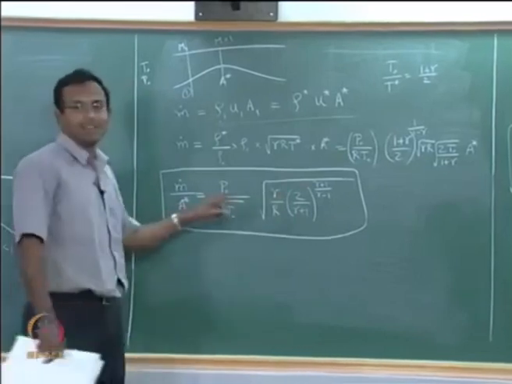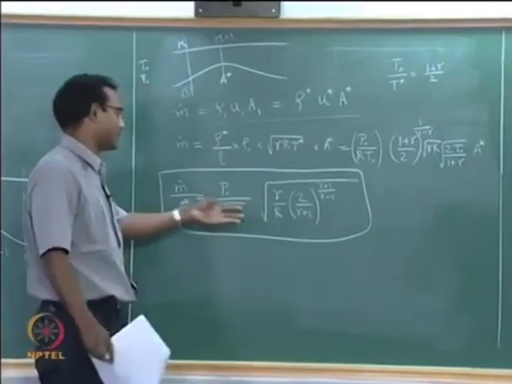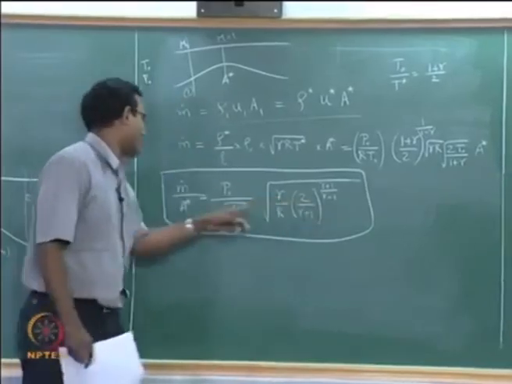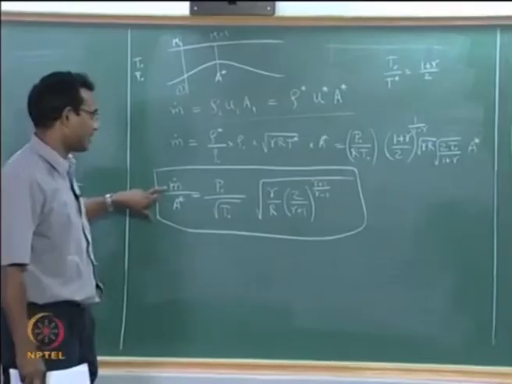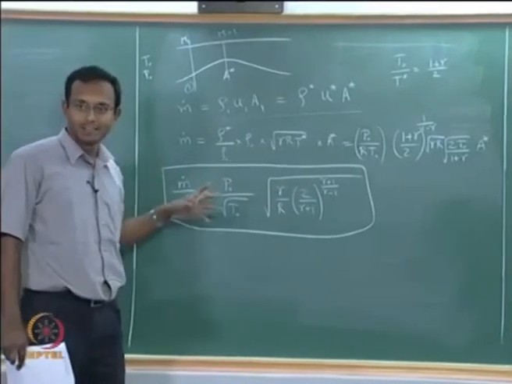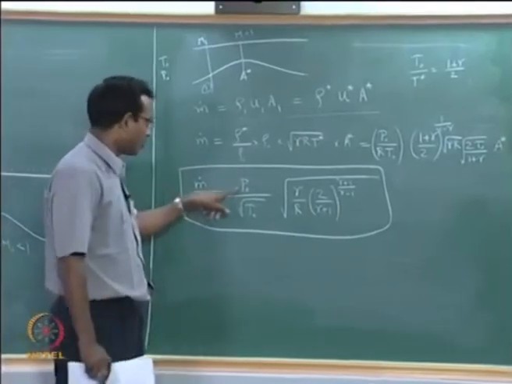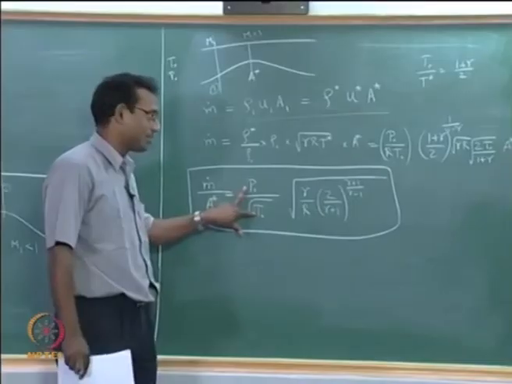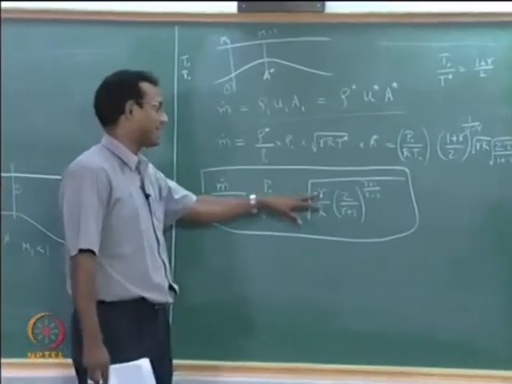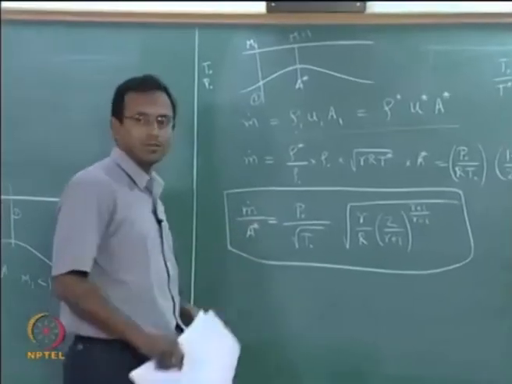That can also be done, and I will give an exercise of that form and I will put it up on the web for that purpose. That can also be derived, and that means I can get mass flow rate if I know the Mach number and the critical area. I can get mass flow rate through any duct. Of course you should also know the stagnation conditions, pressure and temperature, and of course the gas, the gamma value you should know. These are the things you need to know to get to mass flow rate through the duct.